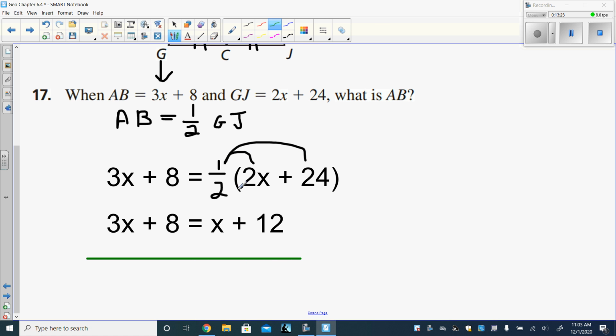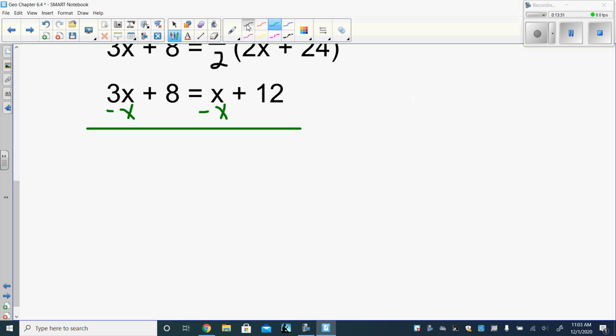Now the next thing we're going to do is to get x by itself. So I'm going to subtract x from both sides of the equation. And when we subtract x from both sides of the equation, we'll get 2x plus 8 is equal to 12. And then again, we're still solving for x, so we would subtract 8 from both sides of the equation.